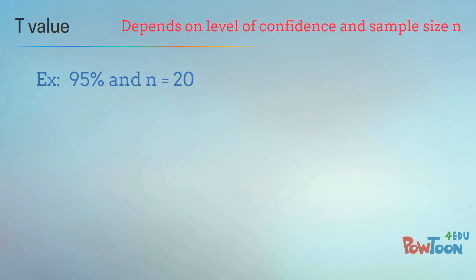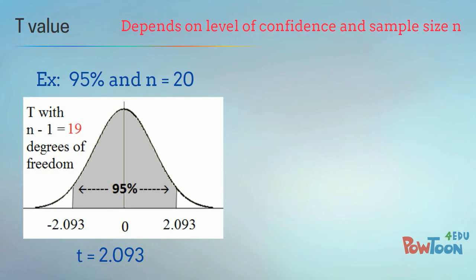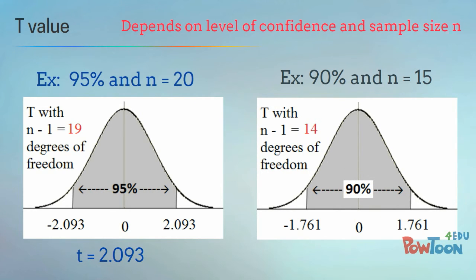For example, for a 95% confidence interval in a sample size of 20, a t-table or calculator for n-1, which is 19 degrees of freedom, shows that the t-value needed is 2.093. For a 90% confidence interval in a sample size of 15, the t-value on a t with n-1, which in this case is 14 degrees of freedom, that gives 90% of the probability between t and its negative, is the value t equals 1.761.